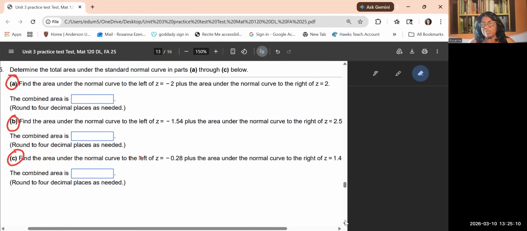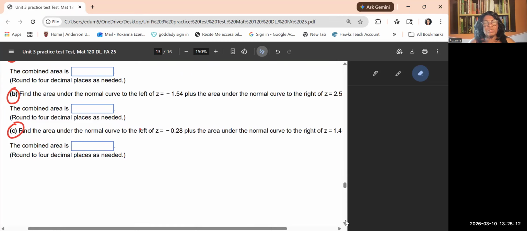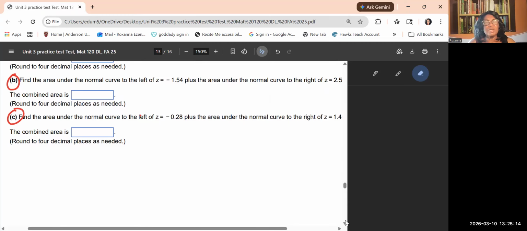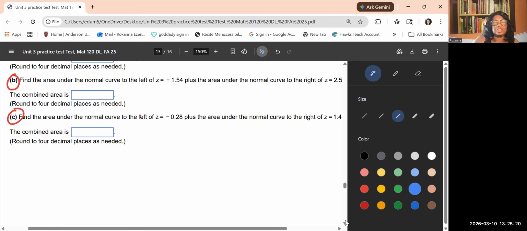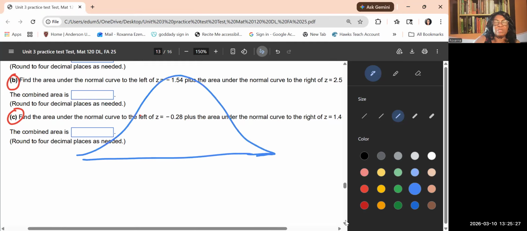The first thing you want to do when you're told to find the area under the normal curve is to draw a picture. What picture? A normal curve. So I'm going to draw a normal curve and show the numbers.